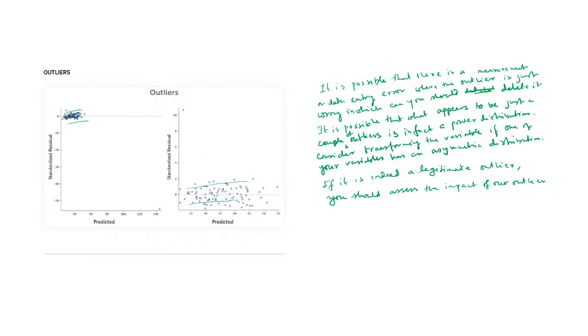If the residual plot looks like this, we need to transform it. If you remove an outlier that is legitimate, then you lose some information. So in that situation, you consider the outlier and use transformation.